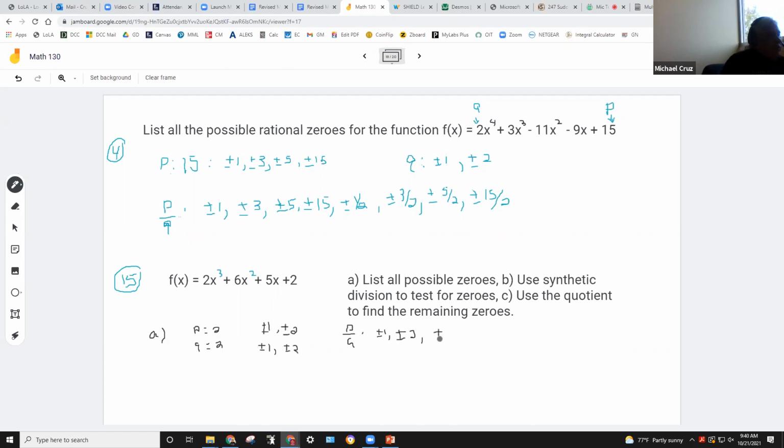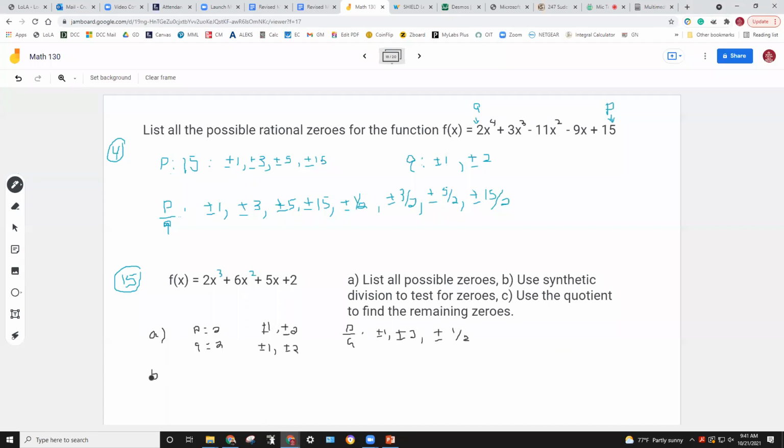So it's plus or minus 1/2. All right, so we got 1, 2, 3, 4, 5, 6. So that's not too bad. So let's go ahead and do, let's do 1 first.